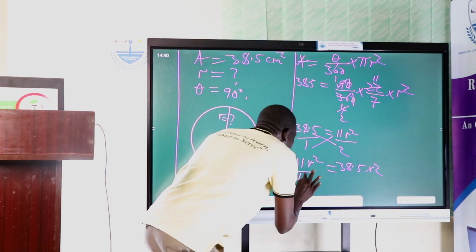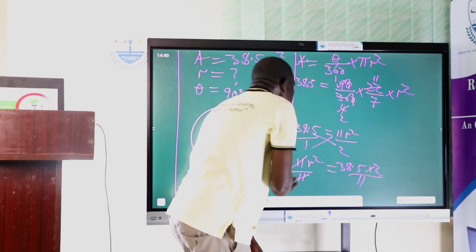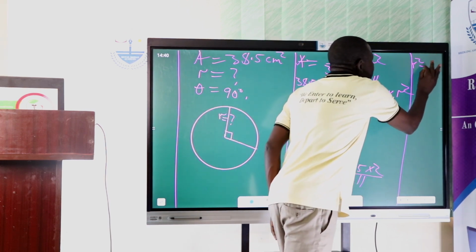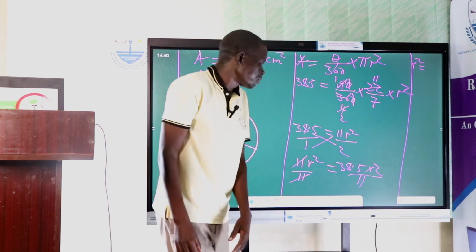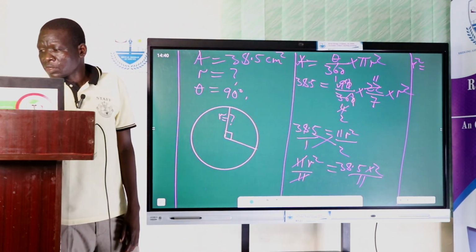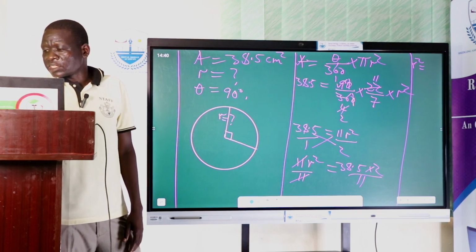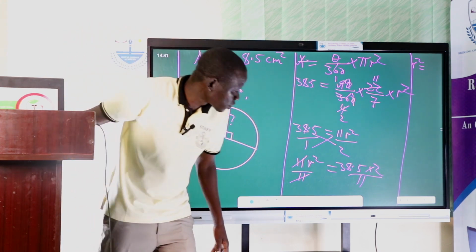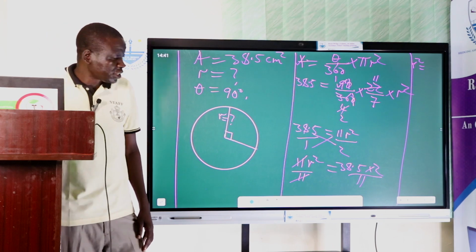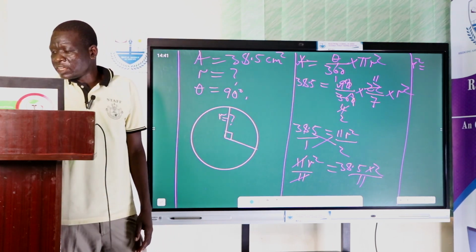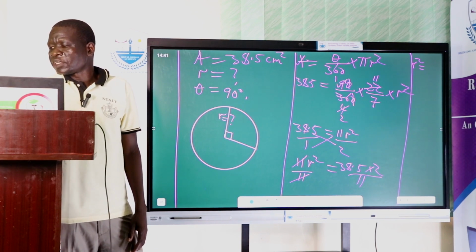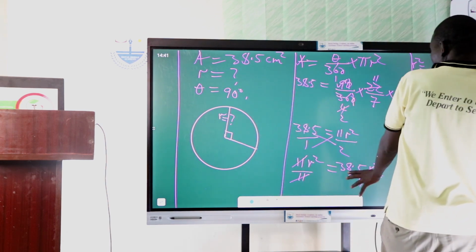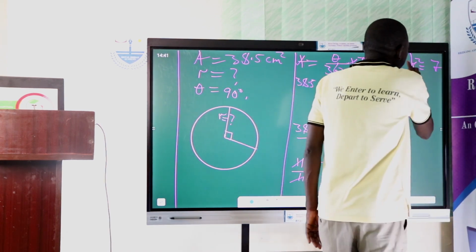We divide here by 11, here also by 11. We are left with r squared equal to 38.5 times 2, which gives 77, divided by 11, we find that we get 7. So r squared is equal to 7.